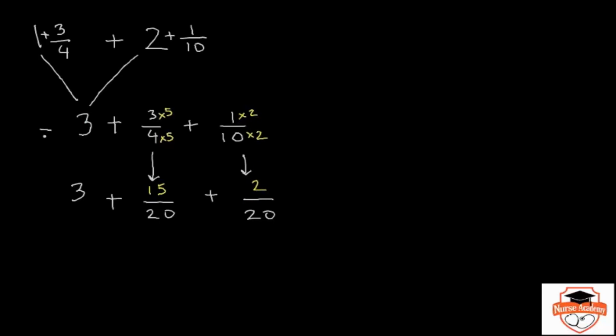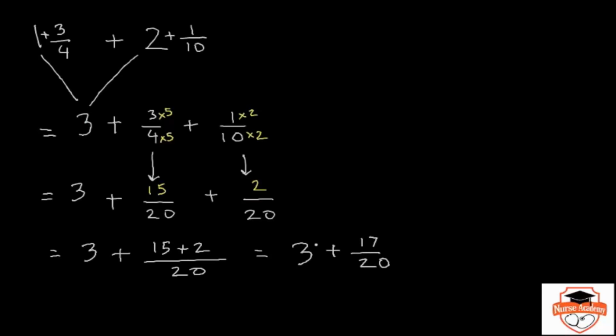So this is equal to this, and this is equal to this, and that's equal to 3 wholes plus, combine these two, all over 20, 15 plus 2, that's 3 wholes plus 17 over 20, or in other words, this is the mixed number 3 and 17/20ths.